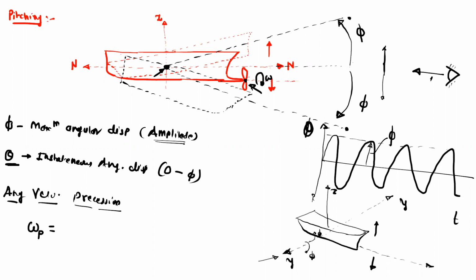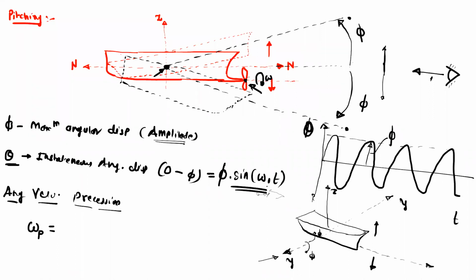For that theta we can write, as this is a harmonic motion, so we know the equation from vibration: phi, the maximum displacement that is the amplitude, into sine omega 1 t.